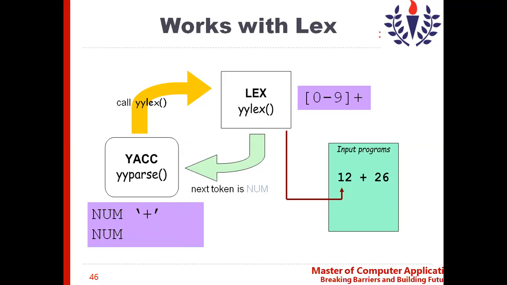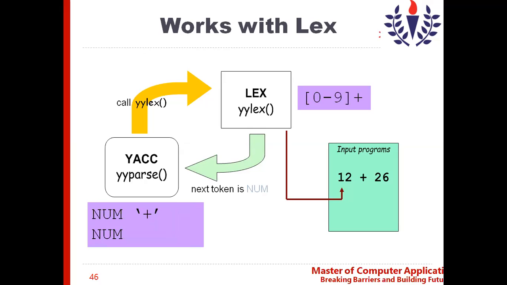When the next input is read, that is a plus. For the plus, there is no corresponding pattern used, so it is an unmatched pattern and it will be returned as it is.